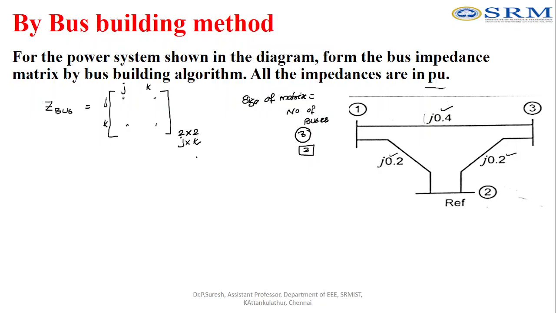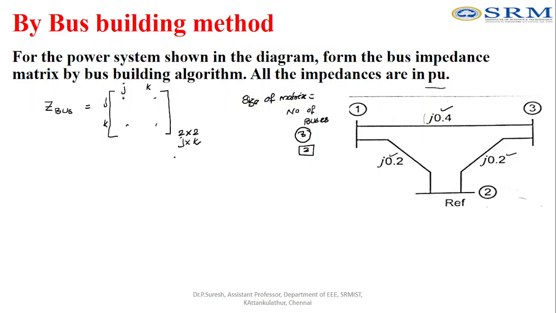So how is the bus building method used here? Actually, using the bus building method, we are going to build the buses one by one. After building a particular bus, we have to determine the bus impedance matrix. Using that bus impedance matrix, we are going to connect another bus.